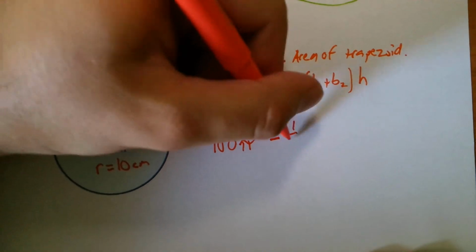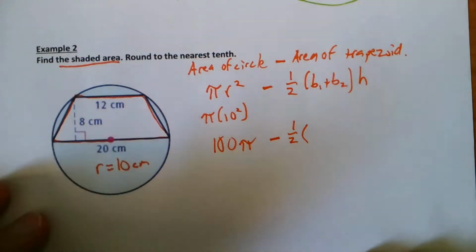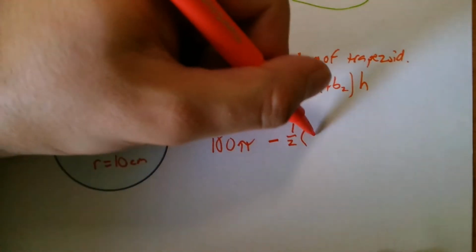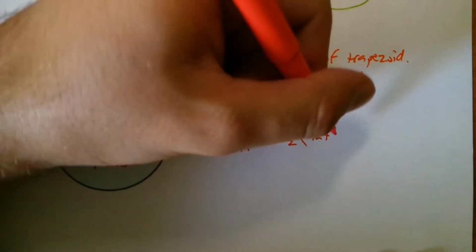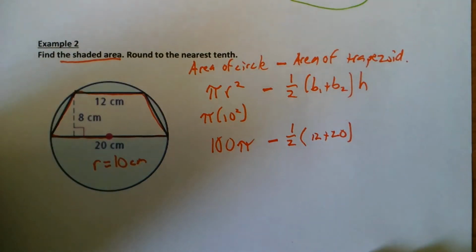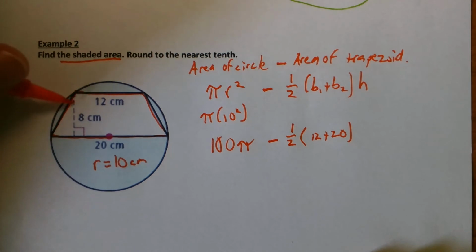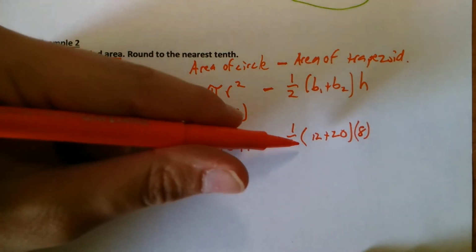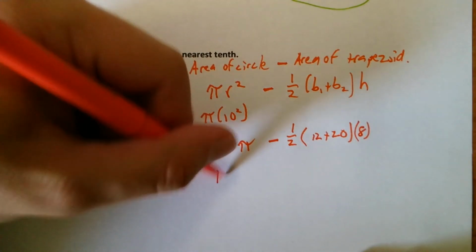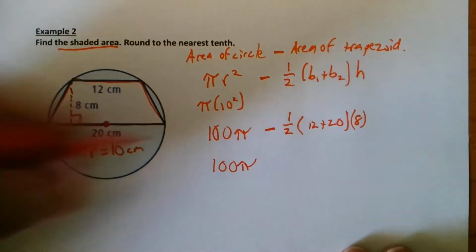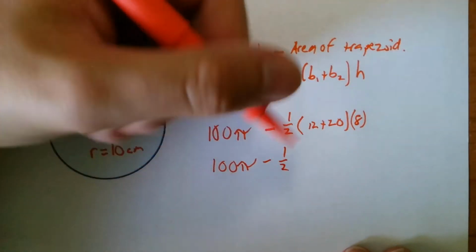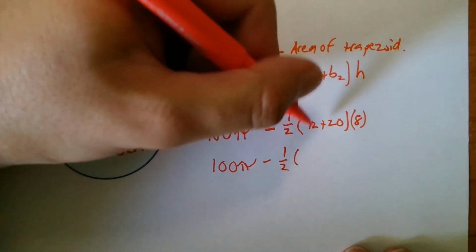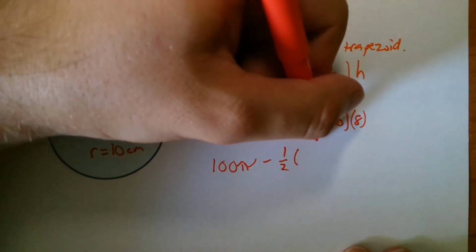minus 1/2 of base 1, let's call it 12, plus base 2 would be the 20. And then the height of the trapezoid is perpendicular to the bases, so that 8 centimeters would be your height. If I go through and substitute that in, that's going to be minus 1/2 of 32 times 8.